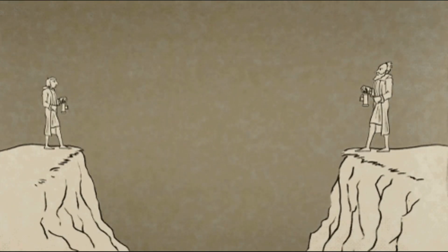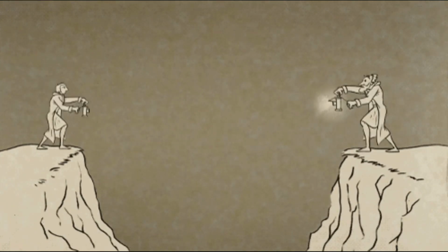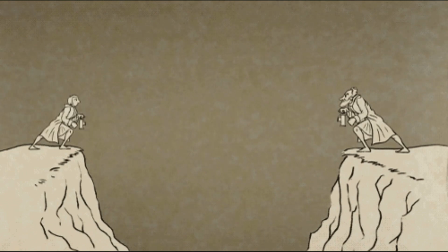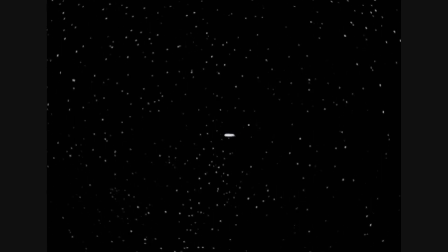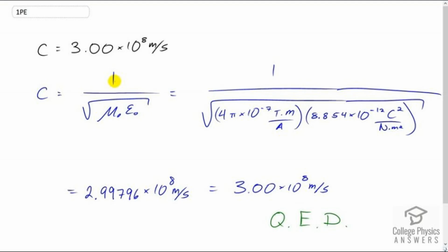So Newton's theory question: what happens when a person is measuring the speed of light and moving at the same time? Will the speed be greater than the predicted speed of light?